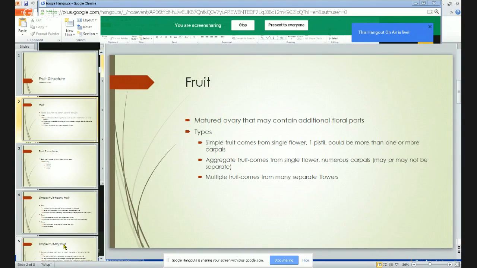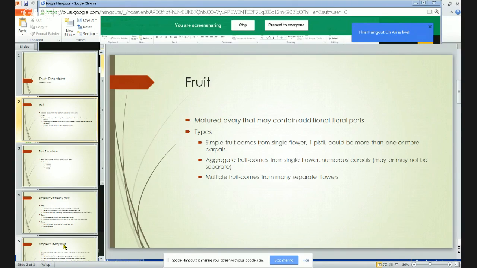But you can kind of see that there's four different flowers. So all of the fruits are going to be either a simple, aggregate, or multiple fruit.